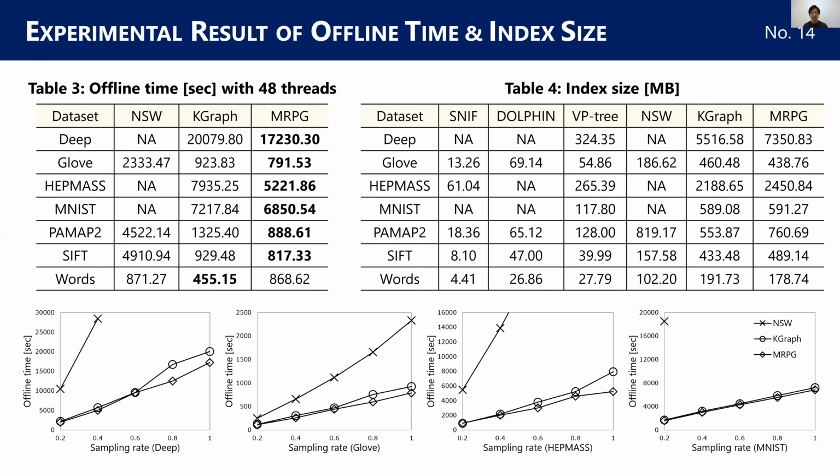The building time of MRPG is faster than the other proximity graphs, with one exception. As for this exception, please refer to our paper. The index size of MRPG is affordable to recent main memory systems. The bottom figures show the time to build each proximity graph with different data sizes. You can see that MRPG has linear scalability.